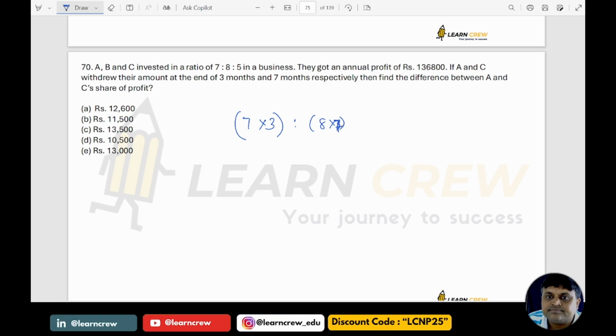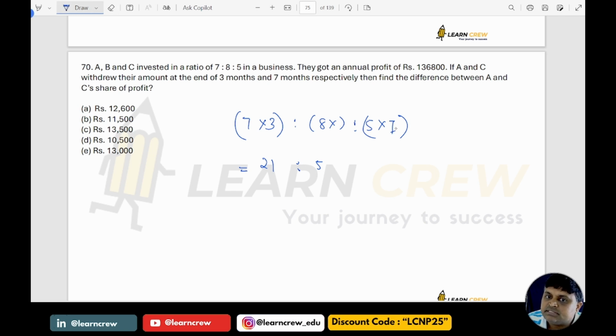Find the difference between A's and C's profit. A and C have withdrawn.